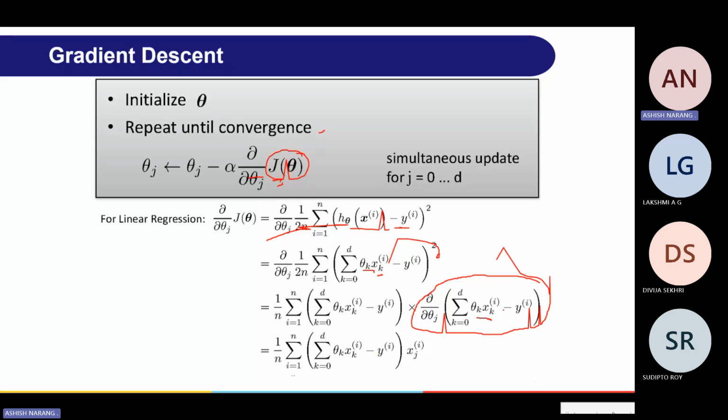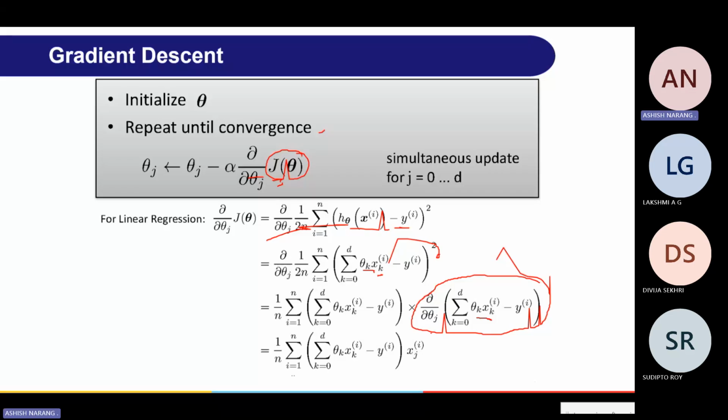Now when you look at this, you're left with only xij, because the other thetas are constant. You want to update only one theta.